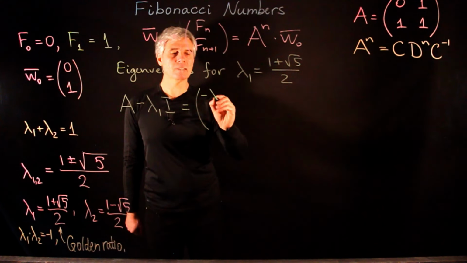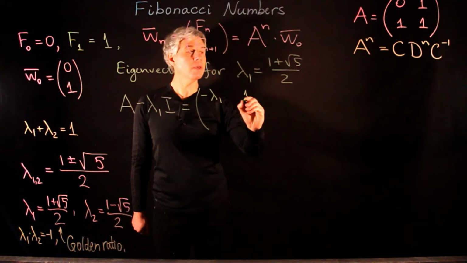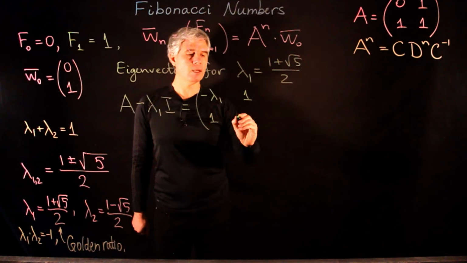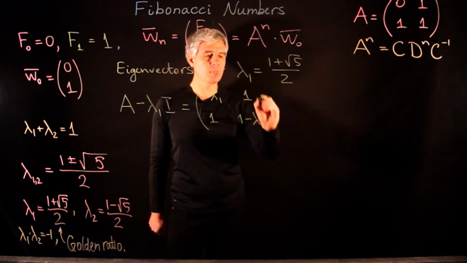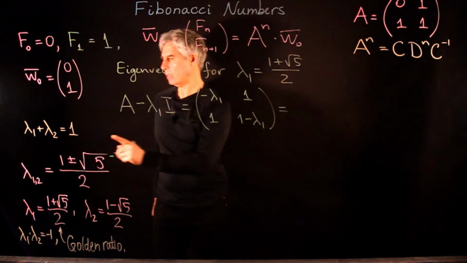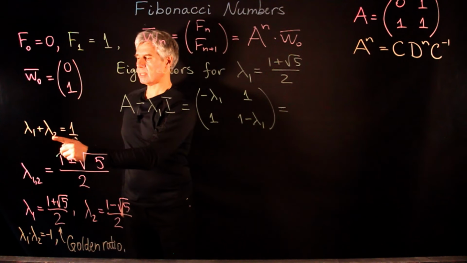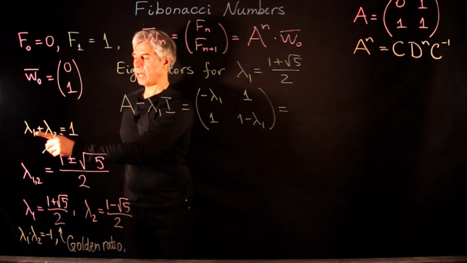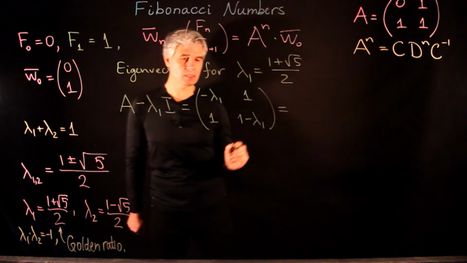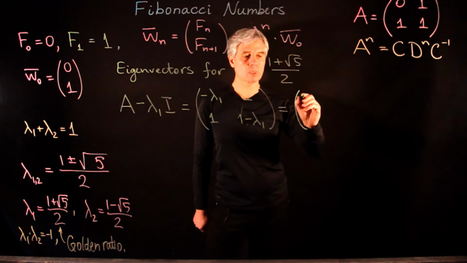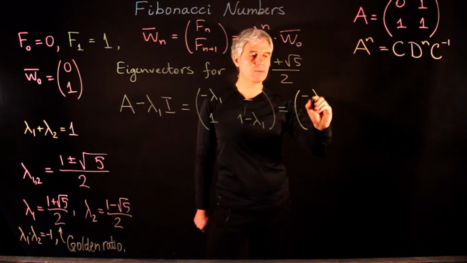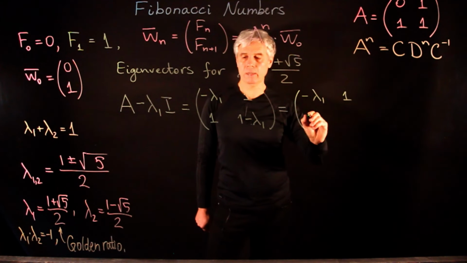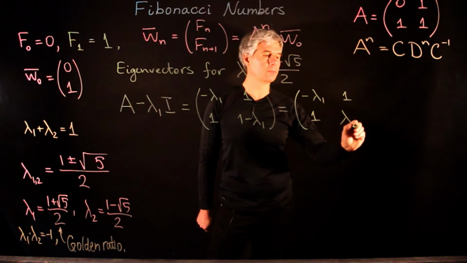So we get negative lambda 1, 1, 1, and 1 minus lambda 1. But here we know that lambda 1 plus lambda 2 is equal to 1, and because of this, 1 minus lambda 1 is equal to lambda 2. And so we get the matrix minus lambda 1, 1, 1, lambda 2.